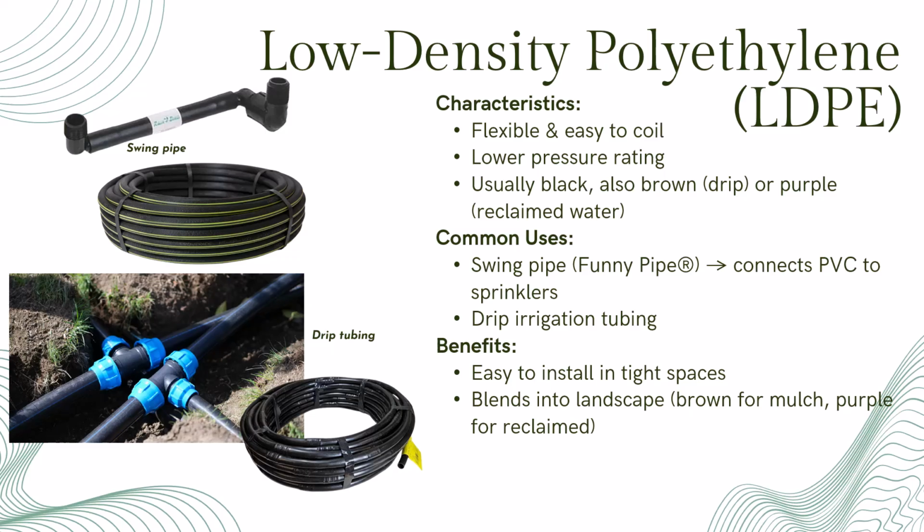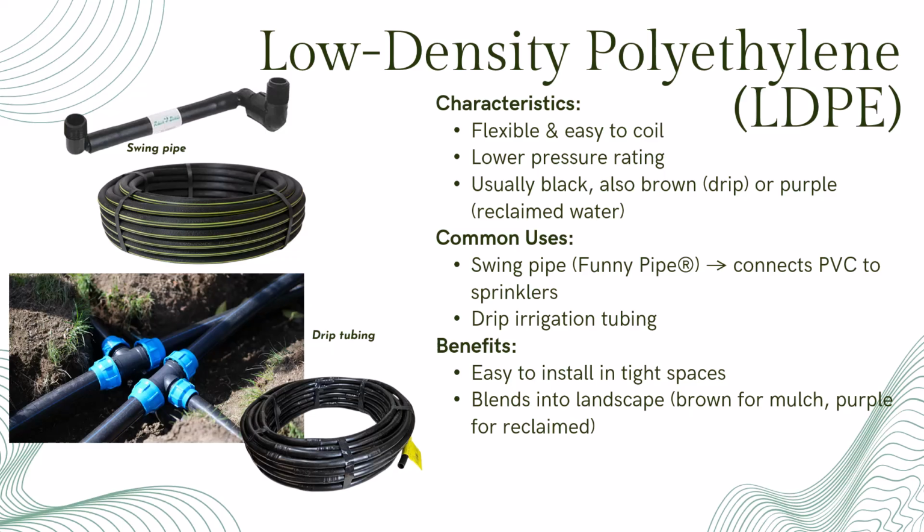Low-density polyethylene, often called LDPE, is the most flexible of the poly pipe types. You can coil it easily, which makes it a great choice for short, flexible connections. In irrigation, LDPE is used mainly in two places.